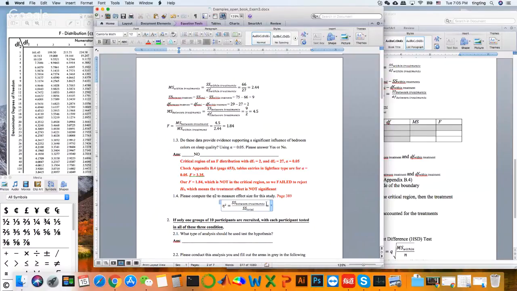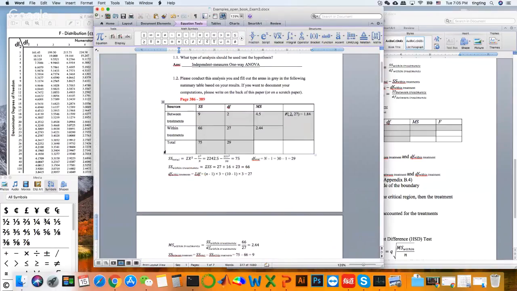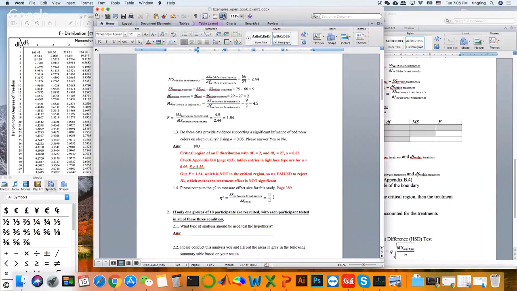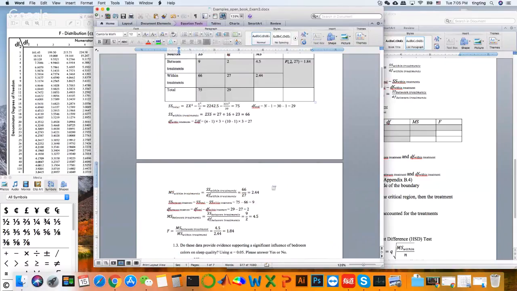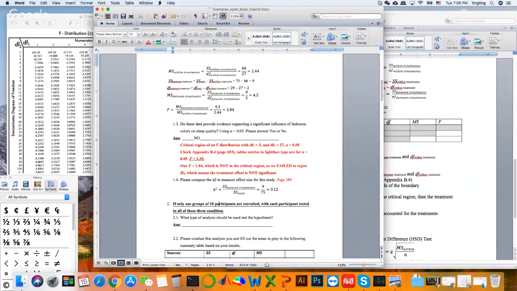We have all these numbers in that summary table. SS between treatment is 9, and SS total is 75. So just do the computation, which equals 0.12. That's it. Okay, we finished question 1, right?